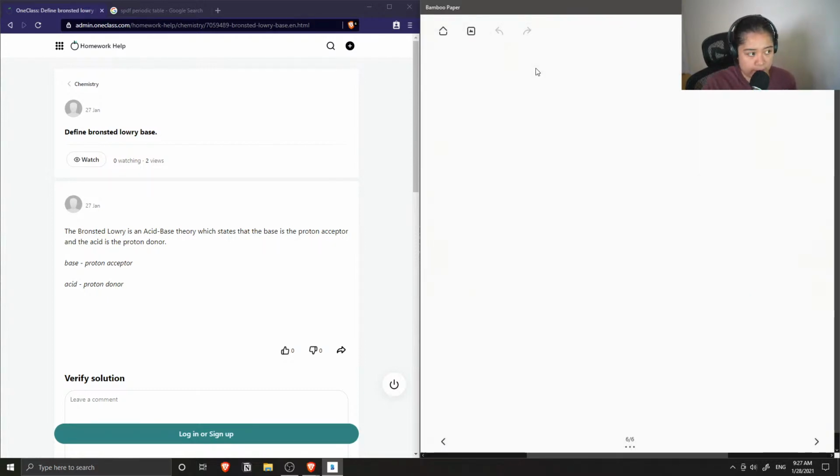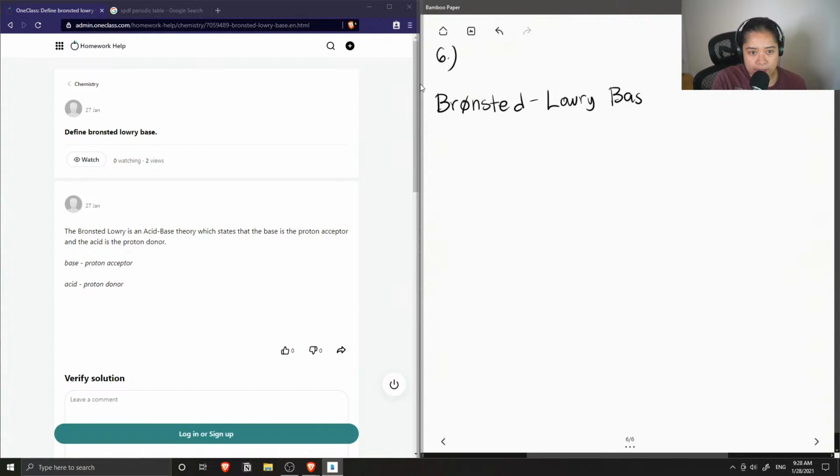Okay, so question 6 says to define a Bronsted-Lowry base. Okay, so acids and bases can be characterized in different ways. You can have Bronsted-Lowry or Arrhenius acids and bases.